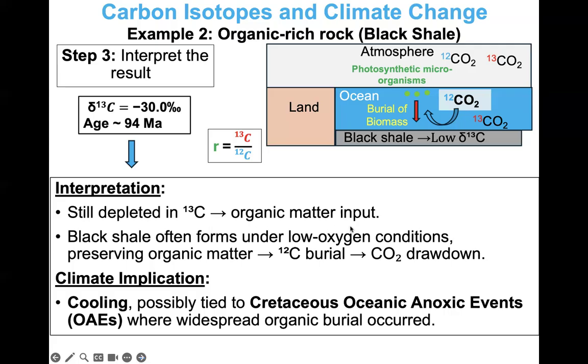Anytime delta 13C is very, very low, this means there's organic matter. Okay? Black shale forms under low oxygen conditions, preserving organic matter. So C12 gets buried right here, and this means C12 is drawn down all the way to the bottom and it gets stuck in there. It gets sequestered in there.